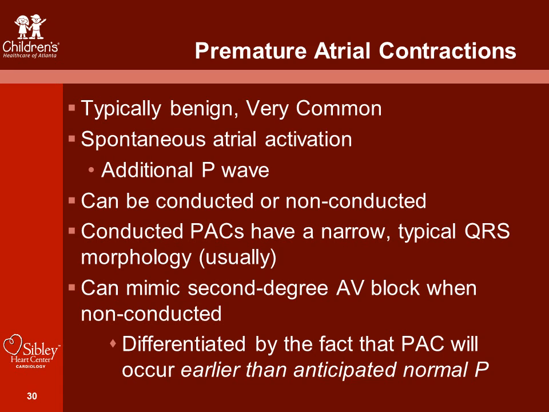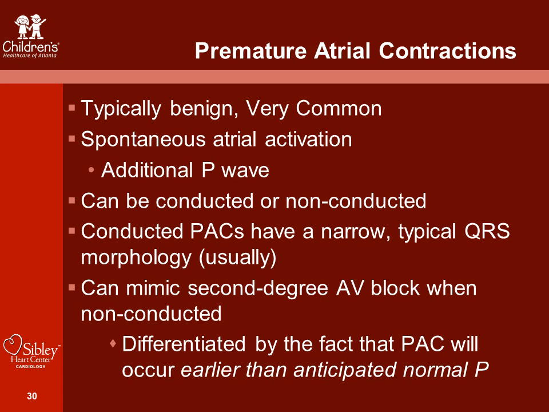If it has already gone through its refractory state, then the atrial contraction will be conducted down to the ventricles, and you will see a narrow QRS or a normal QRS complex for that patient. In addition, it can also mimic second-degree AV block if it's not conducted.